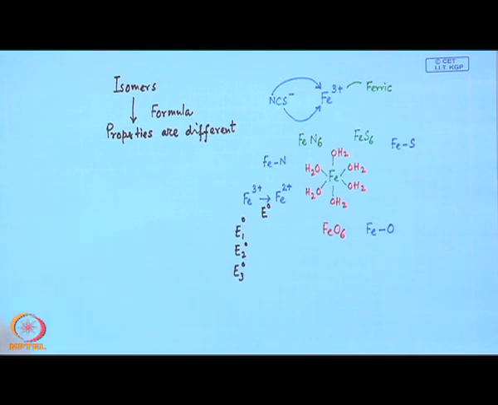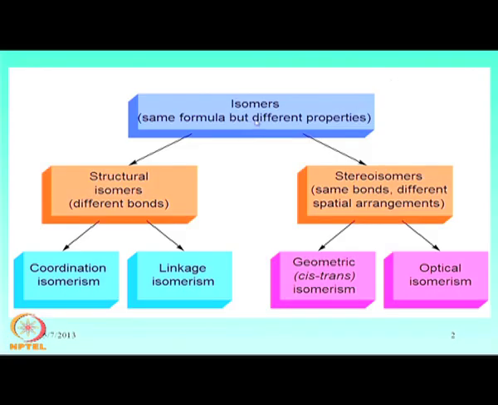So, we definitely have a different property related to the isomeric form, because we have different bonds for the structural isomers, and we can have coordination isomerism, that means one particular ligand is directly attaching to the metal center instead of going outside the coordination sphere, that means going to the second sphere of attraction. Similarly, linkage isomerism is also different, and as we have just discussed, the same bond but different spatial arrangement can lead to cis-trans isomerism or optical isomerism.